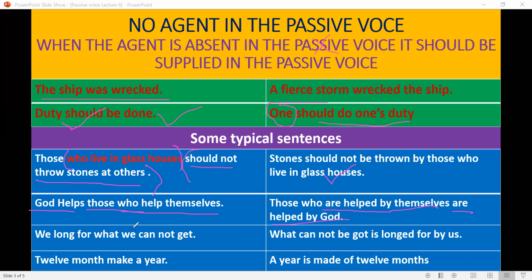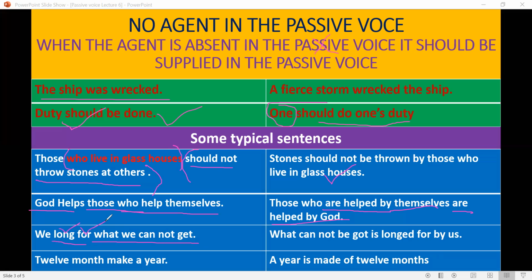"We long for what we cannot get." What cannot be got is longed for by us. We are not separating "long" from its preposition because it would have no meaning. The meaning would be changed by separating the preposition from the word.